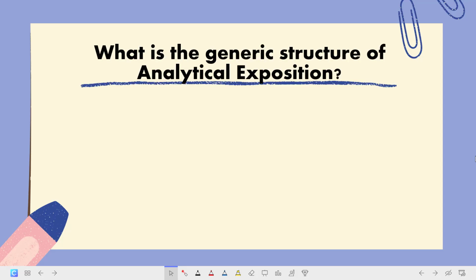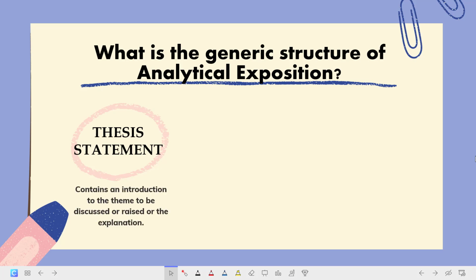So, what is the generic structure of analytical exposition? Well, the first is thesis statement. A thesis statement contains an introduction to the theme to be discussed or raised.